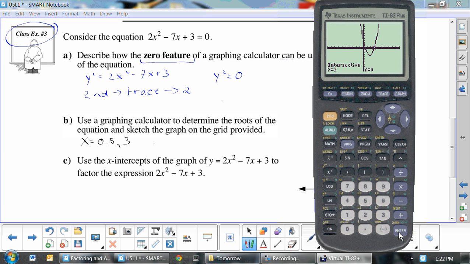And then you get x is equal to 3. Okay? So this intersect way where you have y2 is equal to 0 is an easier way to do it, I find. When I first learned it, I was only taught the 0 way where you have to go left and then right. But this way with the intersect, I think is easier.